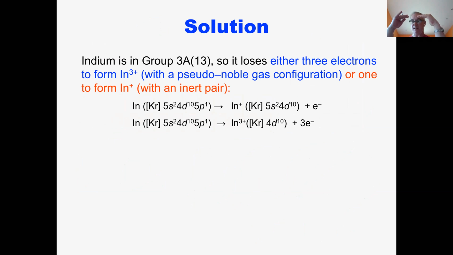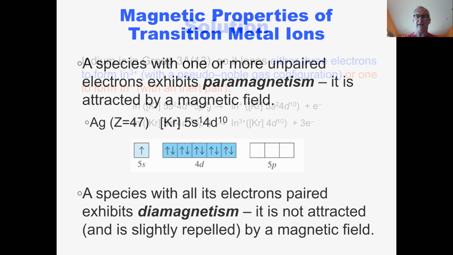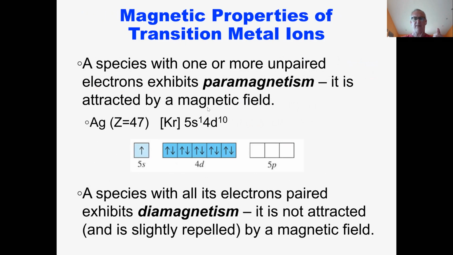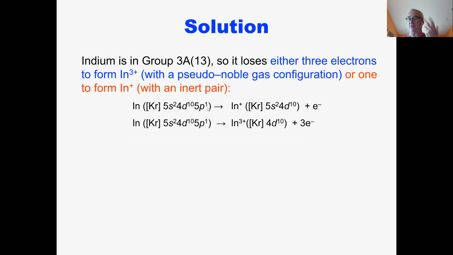So that's fairly stable. Or we can just dump the electron in the p orbital, and then we have full subshells, s and d. So basically, you want to either fill subshells or fill shells as much as you possibly can to achieve stability.